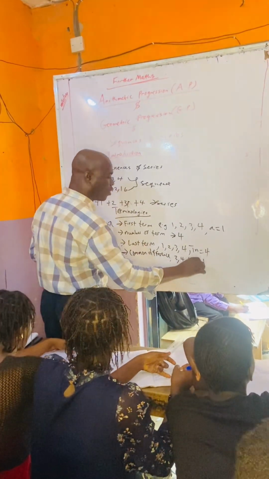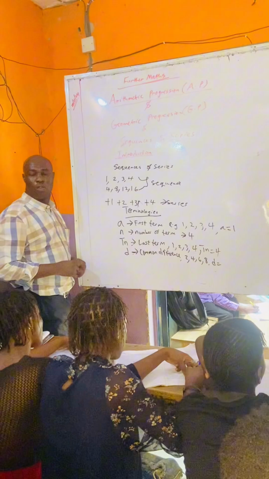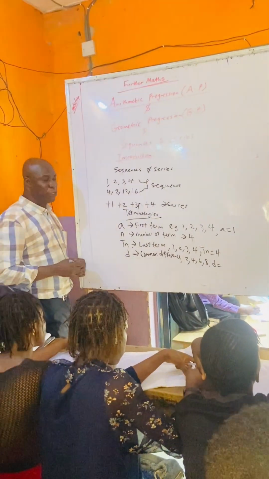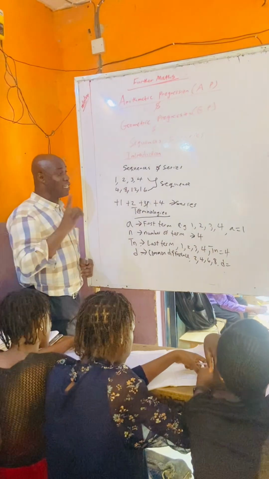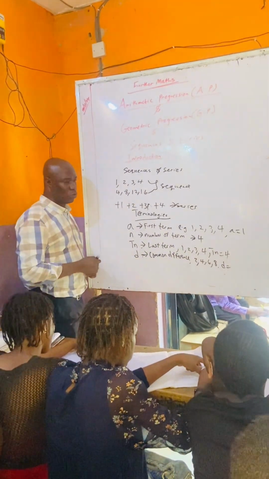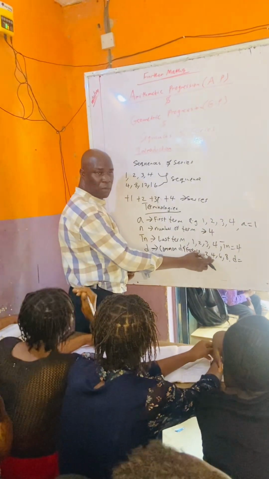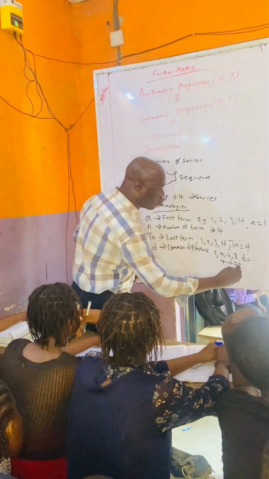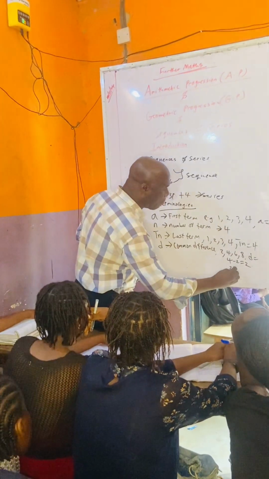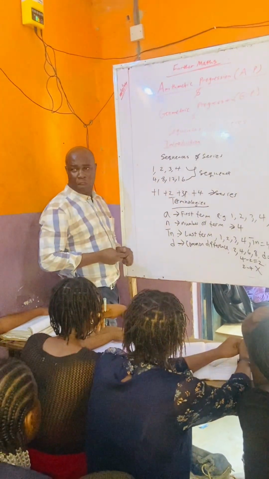And they ask us to find the common difference. The common difference is going to be 2. And how do we get the 2? You remove the first number from the second number, which is 4 minus 2, which is 2. Not 2 minus 4. Do you understand now?